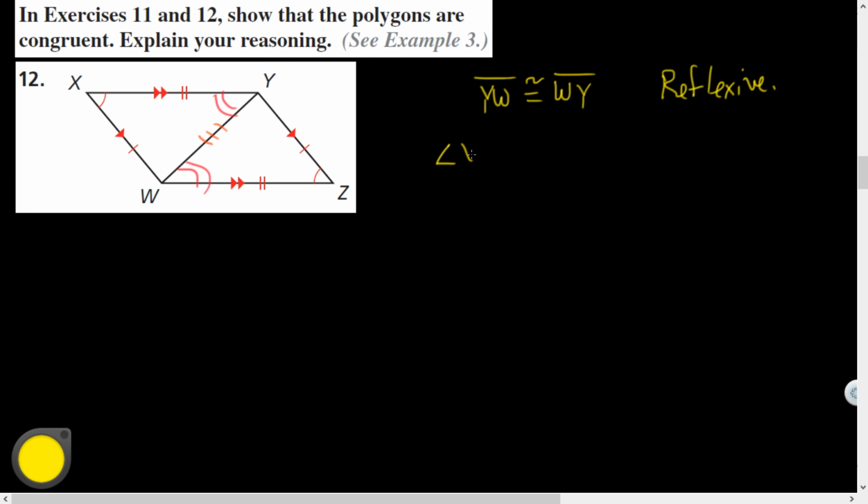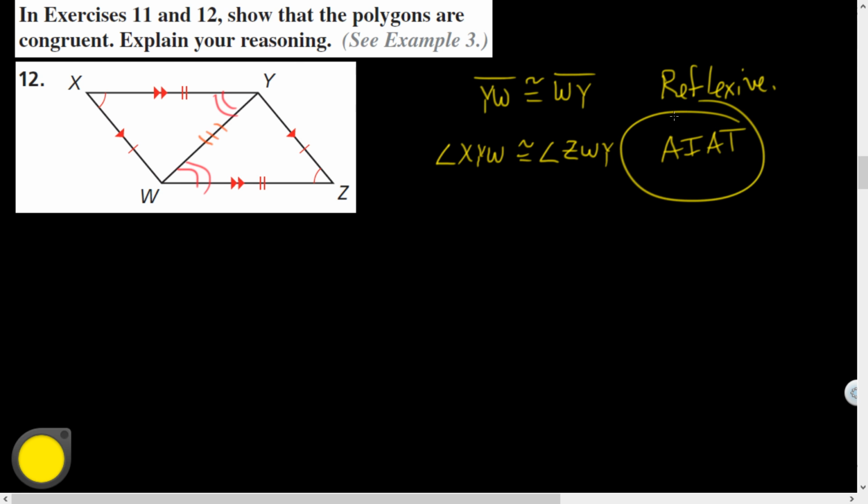XYW. XYW, and that is congruent to angle ZWY. And why are those congruent? Alternate interior angles theorem. We're getting familiar with that one, right? I hope you are.